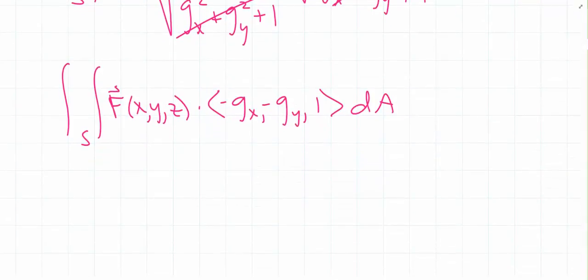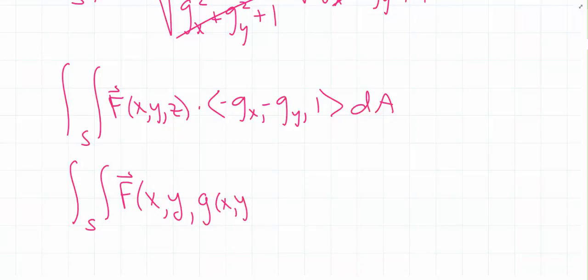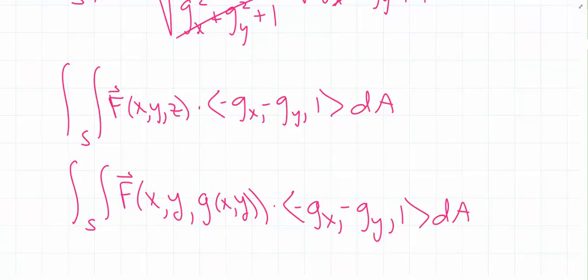So I'm going to go back and rewrite this as F of x, y, and in place of z, I'll put g of x, y. That's what z is. And then I'm going to dot that with negative gx, negative gy, and 1 dA. This is the form that we're going to use to evaluate the surface integral with a vector field.